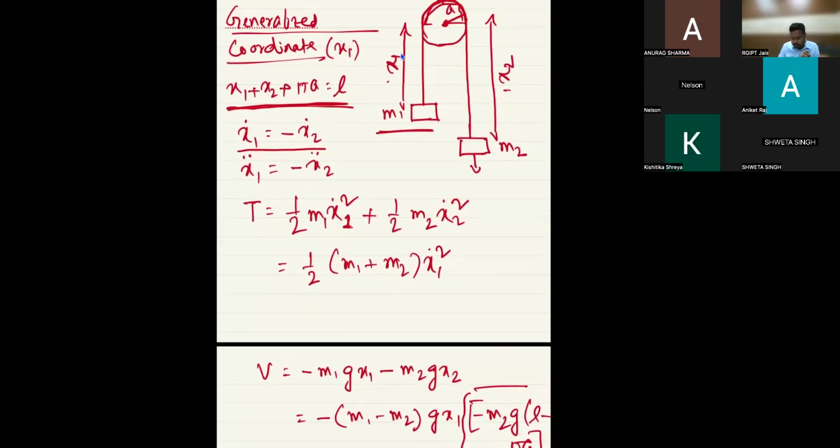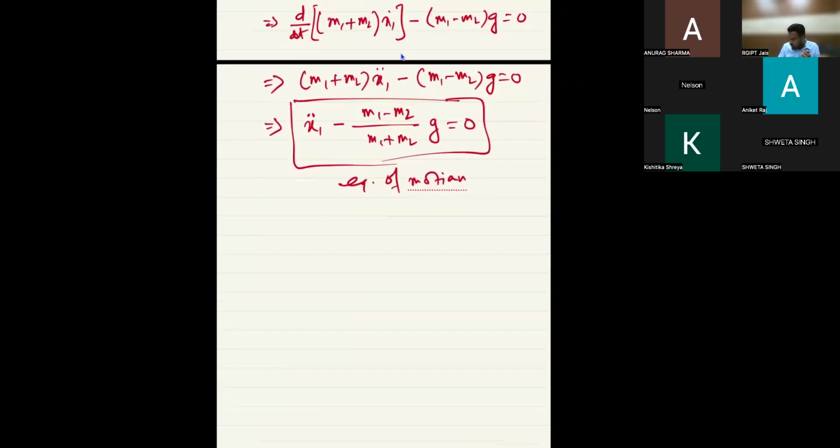Yes, sir. Okay. I'll show one more example. Let me show one more example. Which one we want to do? Let's do this example of a free particle.